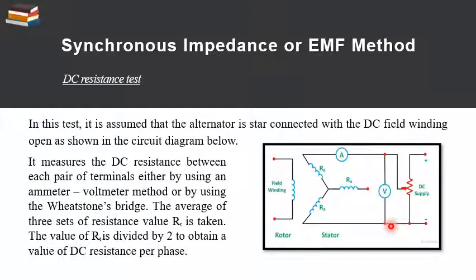It measures the DC resistance between each pair of terminals either by using the ammeter-voltmeter method or by using the Wheatstone's bridge. The average of 3 sets of resistance value RT is taken. The value of RT is divided by 2 to obtain the value of DC resistance per phase.